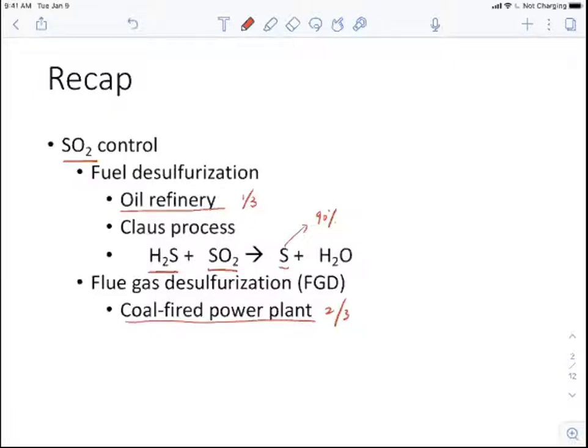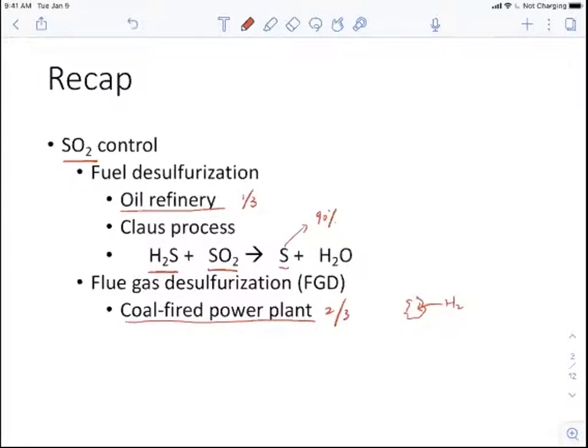For the coal-fired power plant, we use flue gas desulphurization. The reason we cannot use fuel desulphurization there is that we burn coal particles, which are solid. It's difficult for the hydrogen to get into the core of the coal particle to extract the sulfur out.